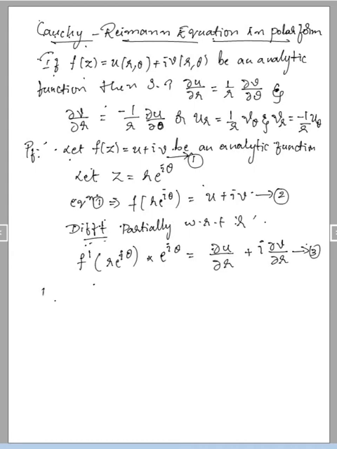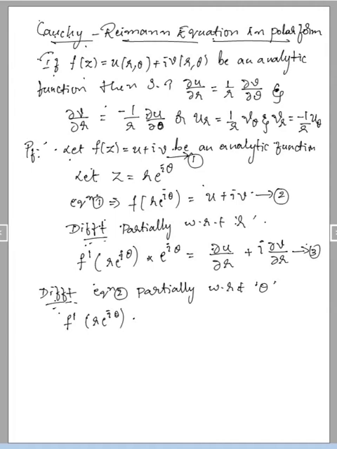Now again differentiate equation 2 partially with respect to theta. So I am going to get, as it is, f dash of r e power i theta.